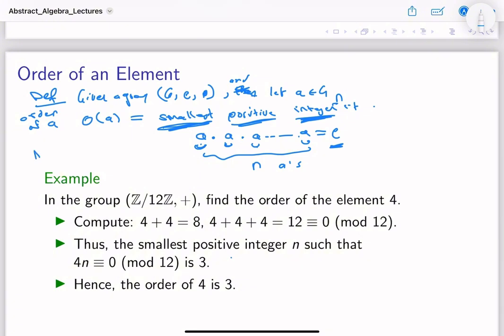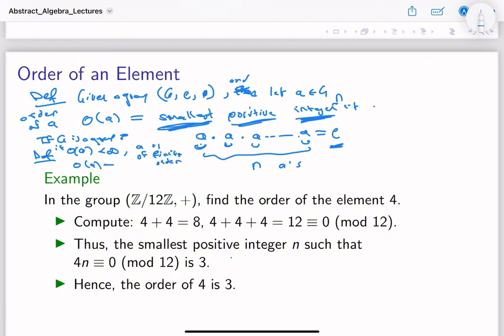But before that, let me just tell you, just as for the order of a group, the order actually separates the elements into two parts. If G is a group, let's say, if the order of a is less than infinity, we say a is of finite order, right? These are basic definitions.